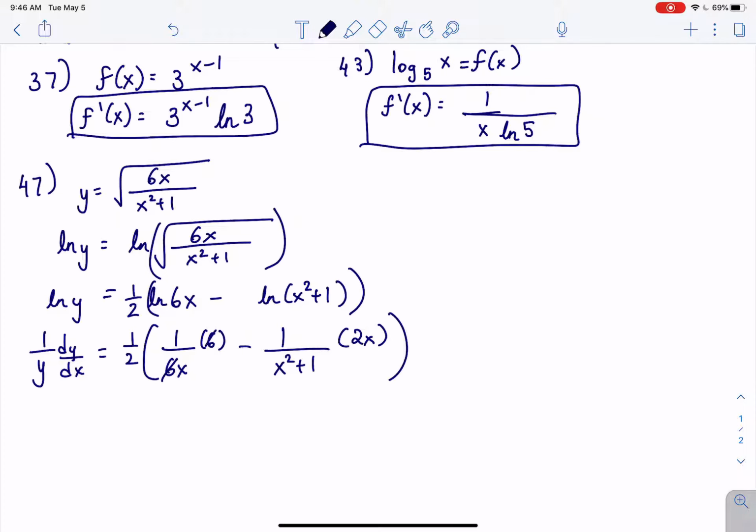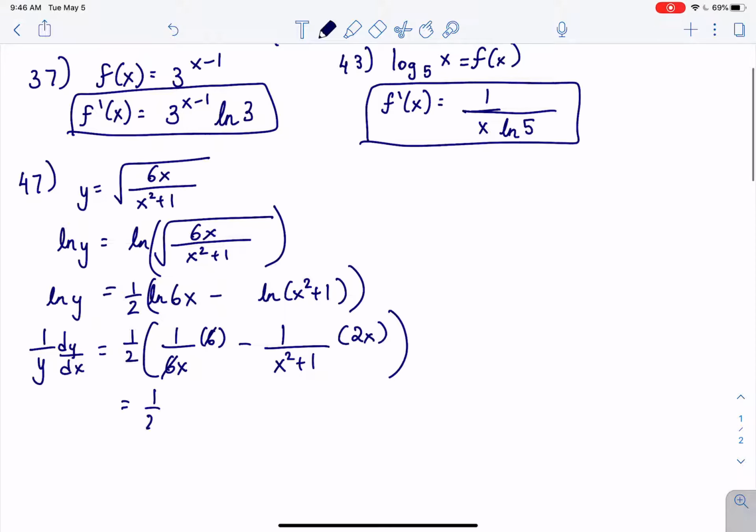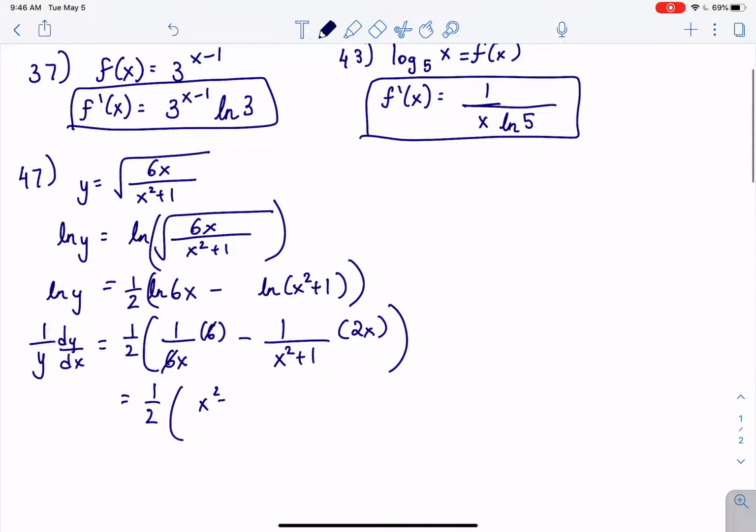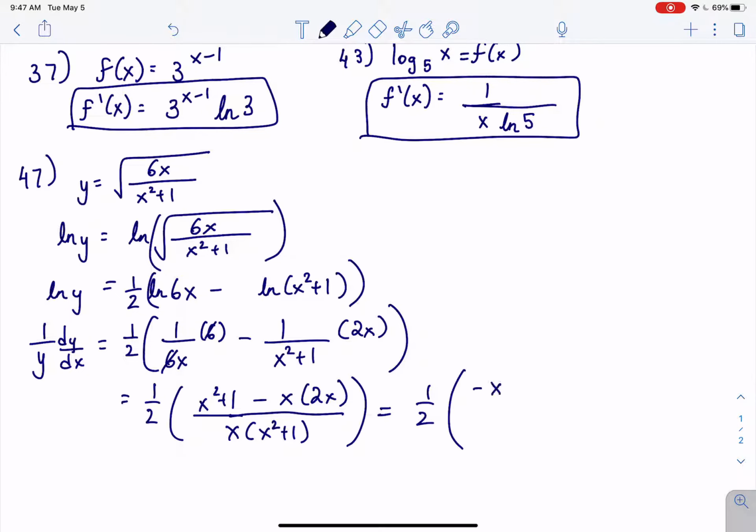The 6's cancel. And we also want to make this all one denominator, so this would be 1 over x and 1 over x squared plus 1, so this would be x squared plus 1 over x, well, minus x. And that way we can combine these. And so we get minus 2x squared, x squared, so minus x squared plus 1 over x times x squared plus 1.